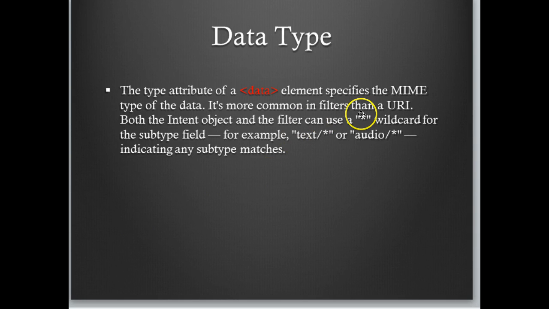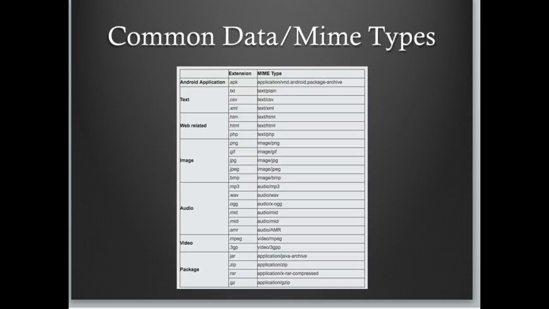Okay. Data type is honestly really dependent on what you want to do. We see we can use a wildcard to say all audio. For me, I used a wildcard to say all images from the image path. So with the gallery view, I want to look at all images, so I just said images and then asterisk. Didn't really care what type of image it is: PNG, GIF, JPEG, JPEG bitmap.